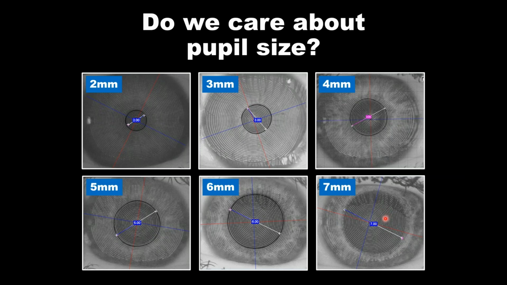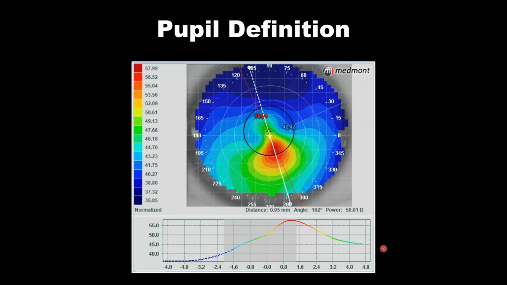Similarly, if we have a 7 millimeter pupil and a small optic zone of lens, how are you going to avoid some kind of flare and glare or blur from the high order aberrations that we might create from that large pupil? Now, that patient is going to need an incredibly big optic zone to be able to manage the aberrations that may be introduced to that eye.